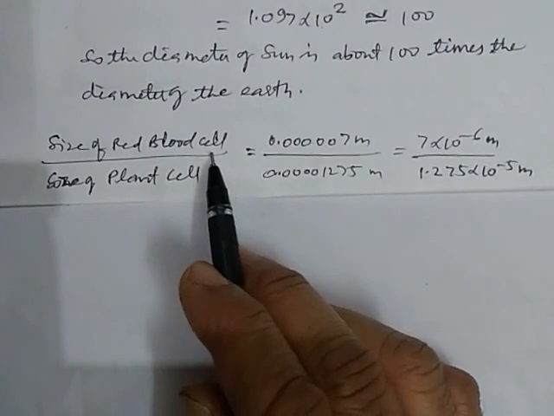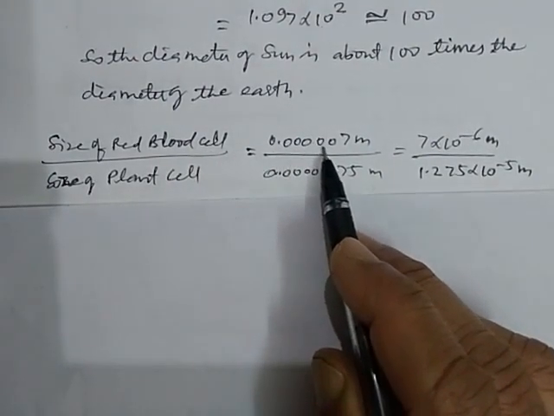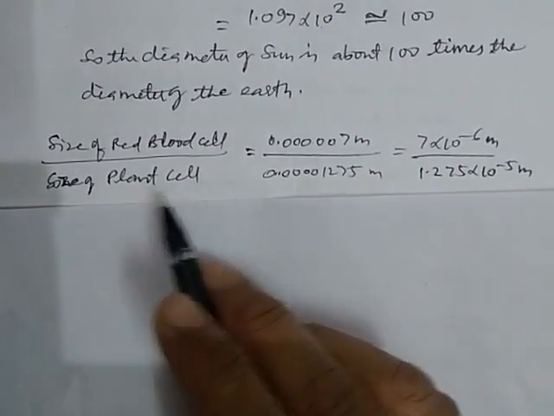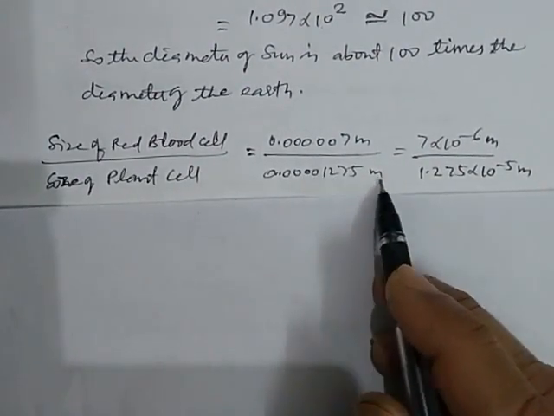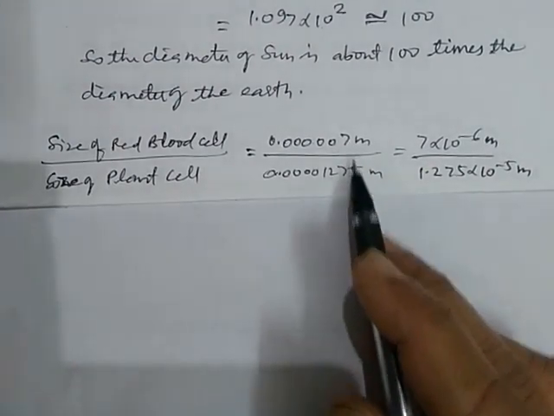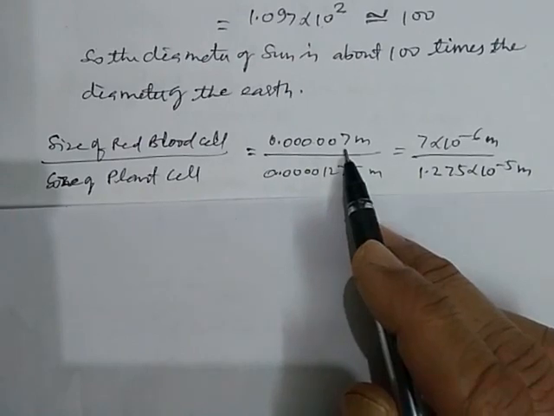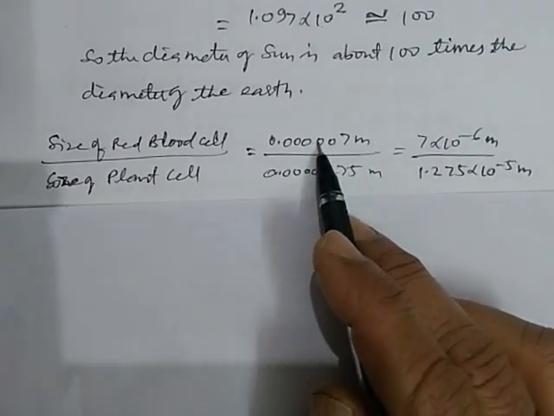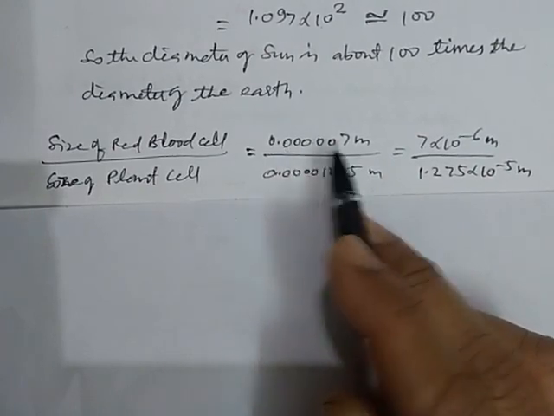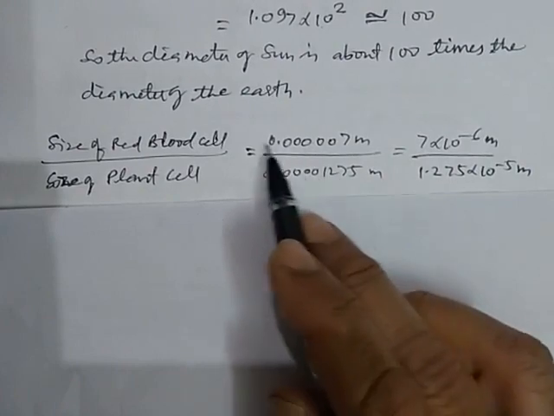Size of a red blood cell, which is 0.000007 meter, and size of a plant cell, 0.00001275 meter. Now we compare them. First we convert them into scientific notation. So this becomes 7 into 10 to the power minus 6 meter.